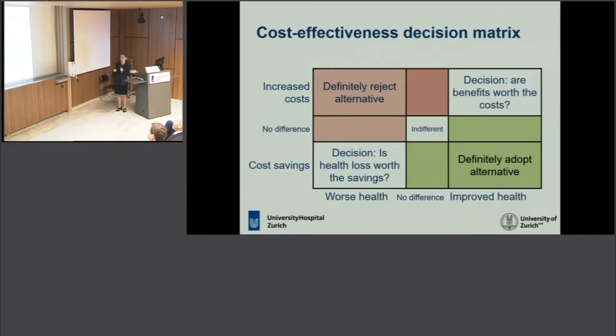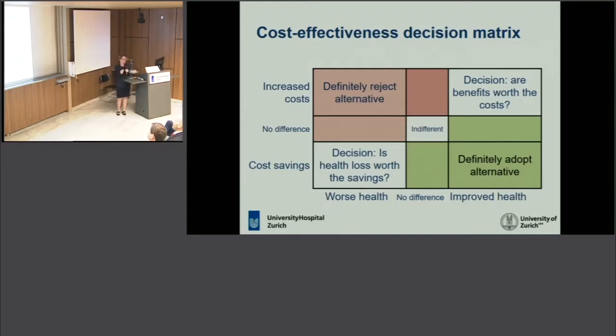We always put costs, this is on this side here, and the health improvement or worsening into a ratio here. So if in our trial we get the result that something is less costly but also less effective, we usually would not include this into our health insurance system. The other thing is, if something has improved health and we save money, we would easily include it.